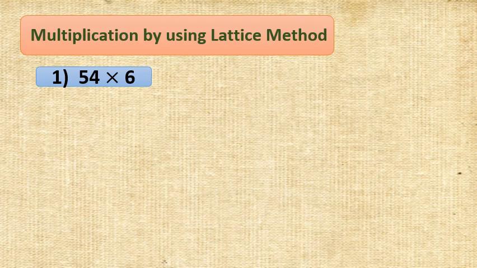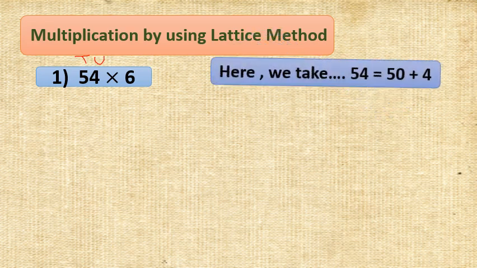Yes students, you know that 54 is a two-digit number, and 4 is in the unit place and 5 is in the tens place, isn't it? Okay, now we will write 54 in expanded form, that is 50 plus 4. 54 is equal to 50 plus 4, and that we will use in the multiplication.